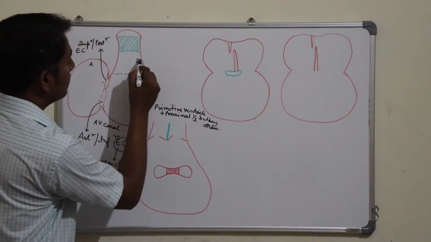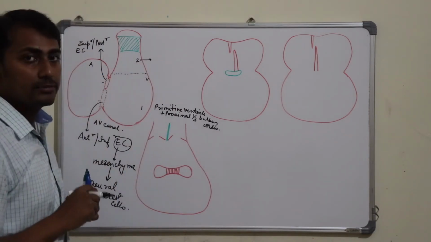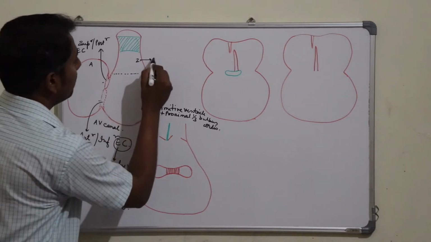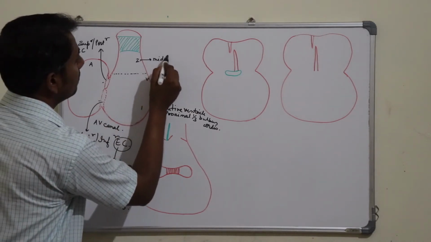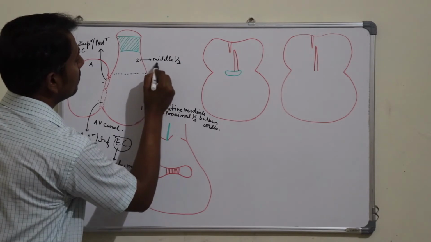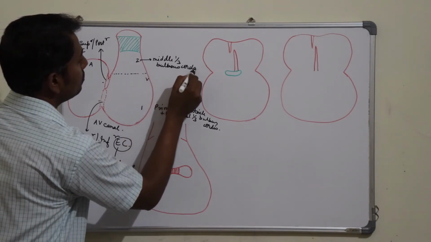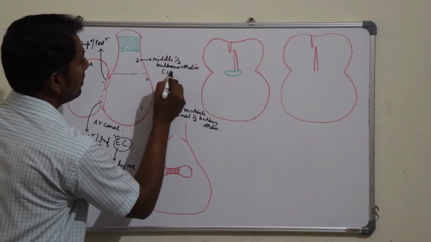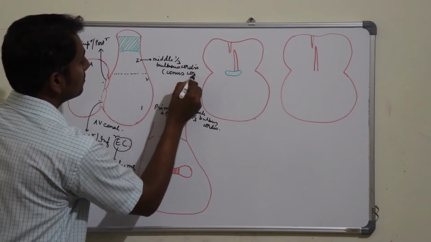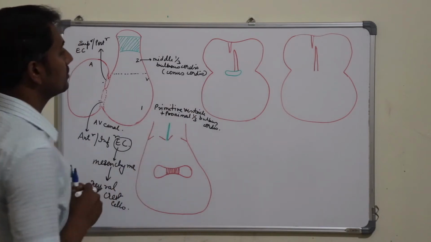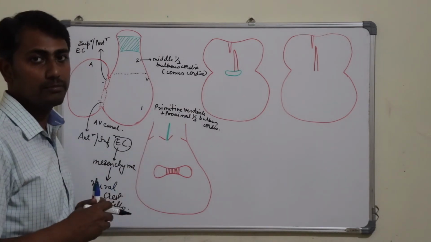The second part is basically derived from the middle 1/3 part of bulbus cordis, also known as conus cordis, or just the conus part.